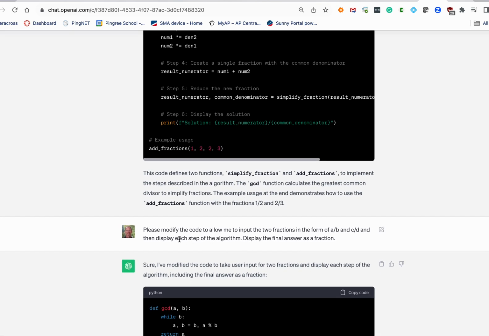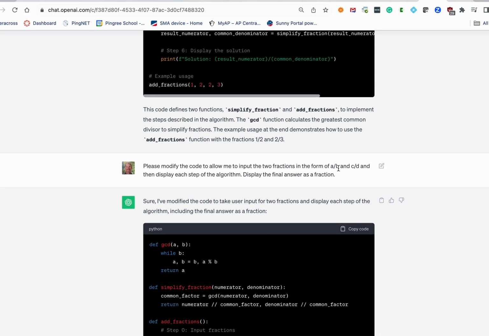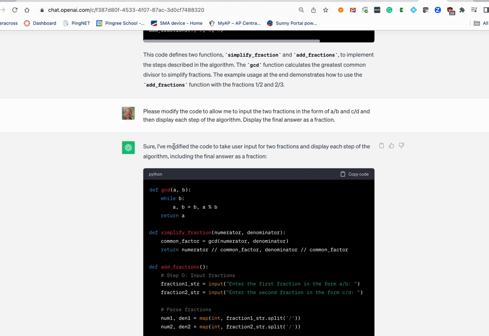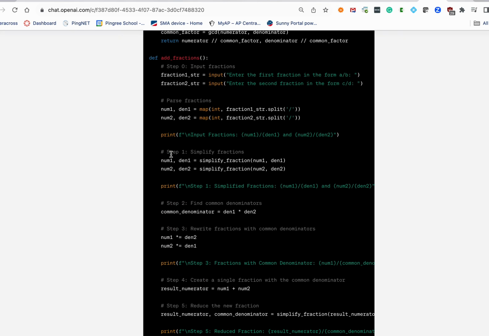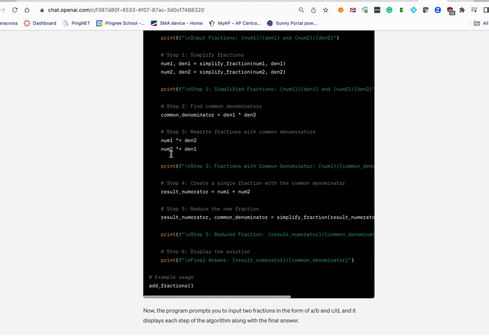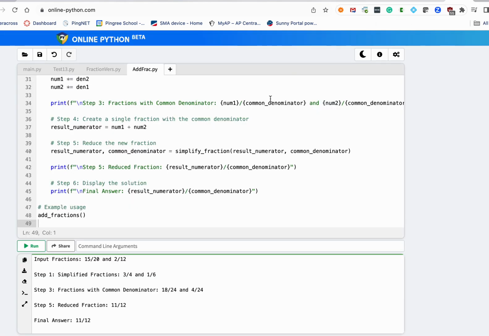So I said then very simply, please modify the code to allow me to input the two fractions in the form of a over b and c over d, and then display each step of the algorithm, display the final answer as a fraction. So then it modified the code, and then I copied that code, and I then pasted it into our online Python editor.